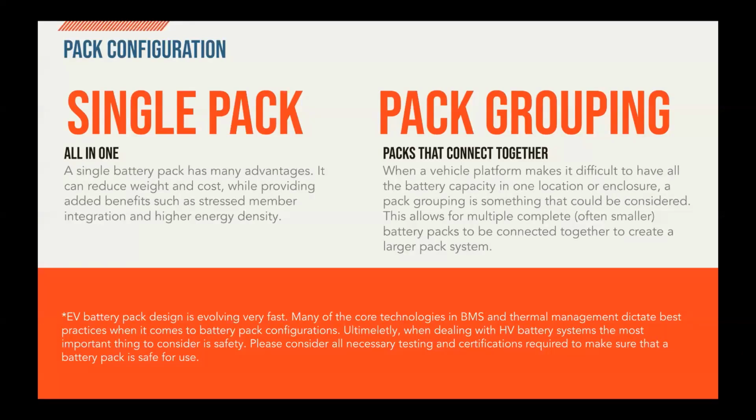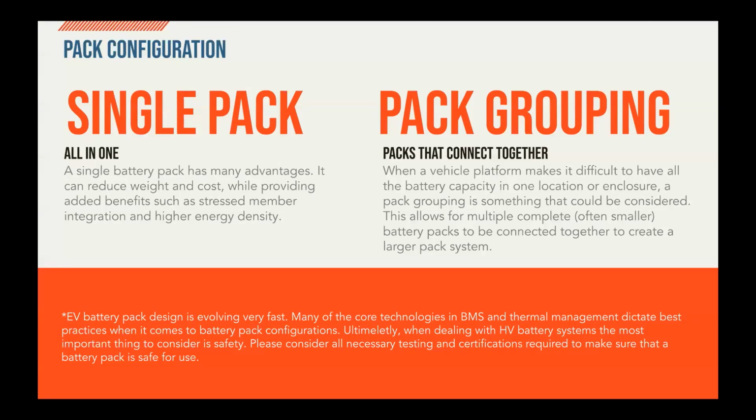So packs can be grouped into battery pack groupings. They typically are connected in series. There's many reasons why it's typically very unsafe to do parallel pack groupings, but typically the packs are designed in lower voltages and then connected together in series to build higher overall battery pack capacities.